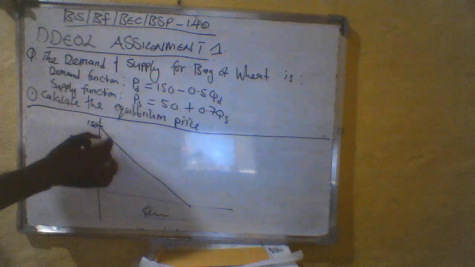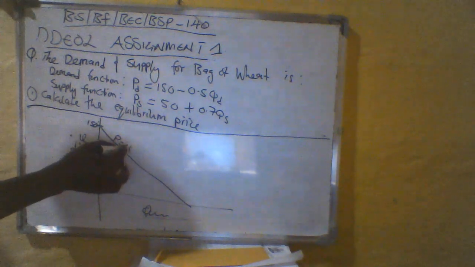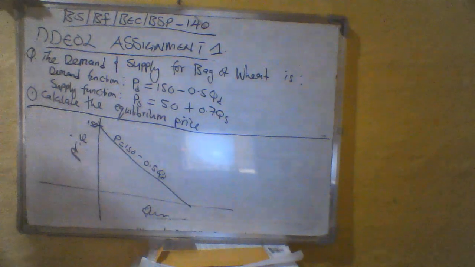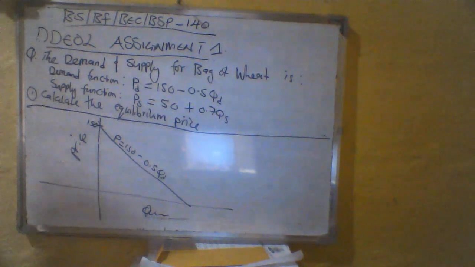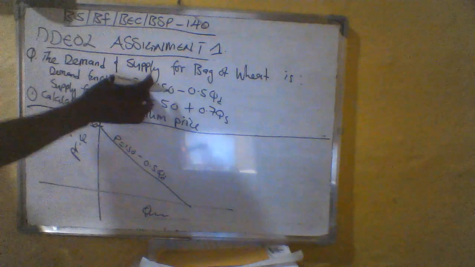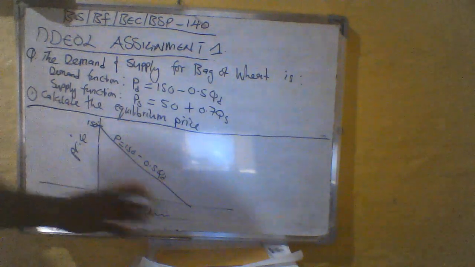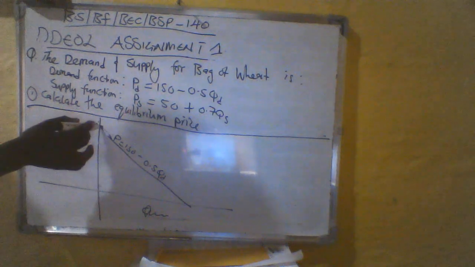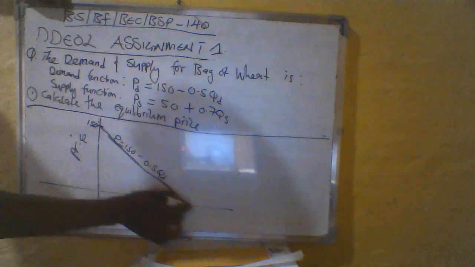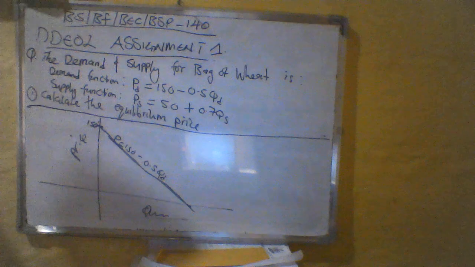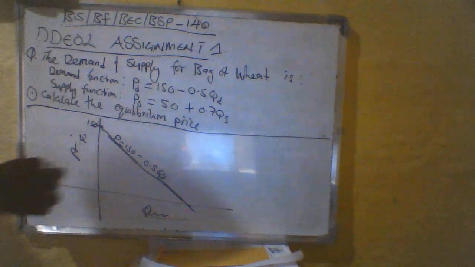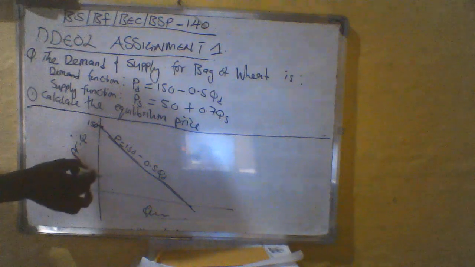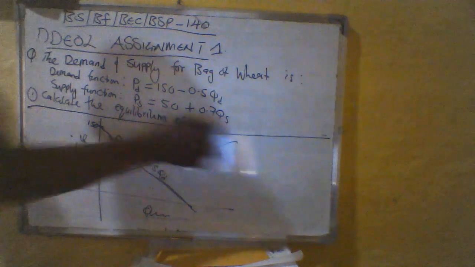So this curve here will be P equals 150 minus 0.5 QD if I was to sketch it. To sketch it, just create a table of values of P values and Q values and plot them on your graph. You need to form a straight line which is going to move in that direction. But for the supply function, when you come up with your table of values, you form a straight line which starts from 50, which is the price intercept, and moves in that direction.